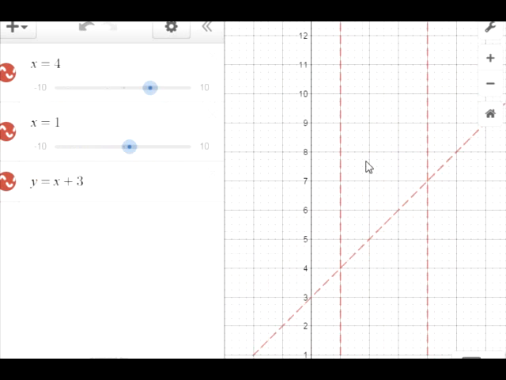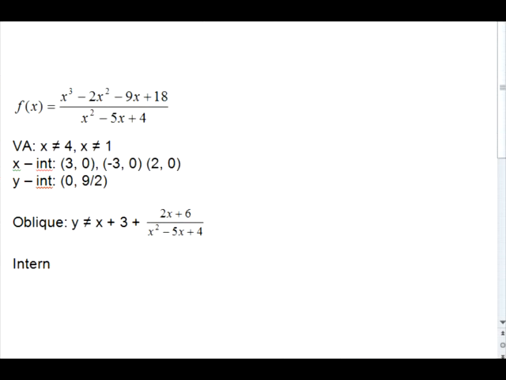So I'm going to make my interval chart, again just as I said before, using x-intercepts and vertical asymptotes. I'm going to do my f of x. I'm going to say x is less than negative 3.